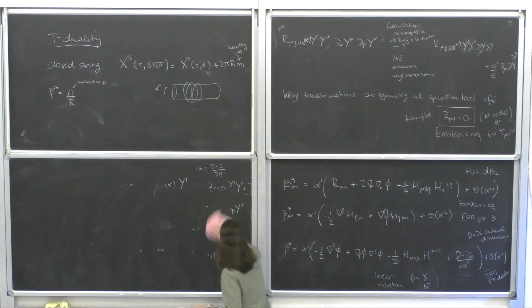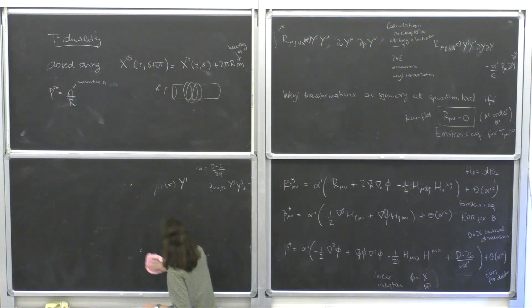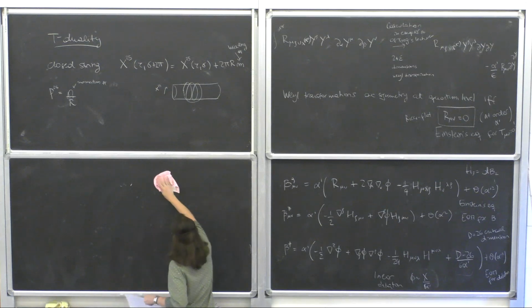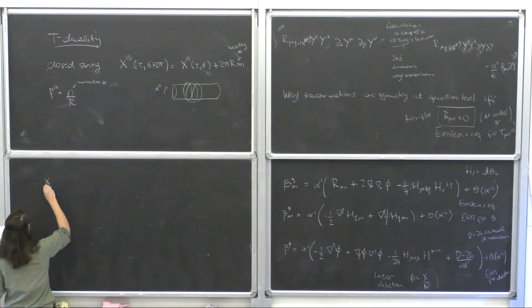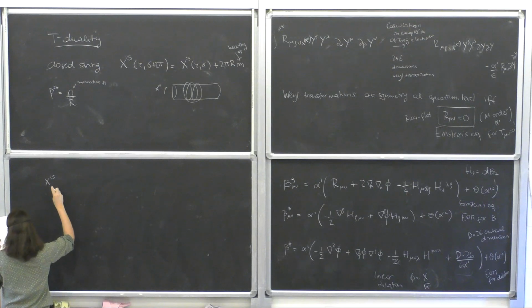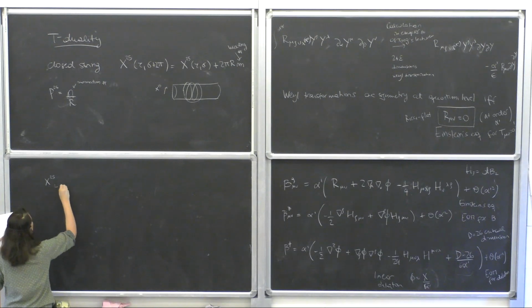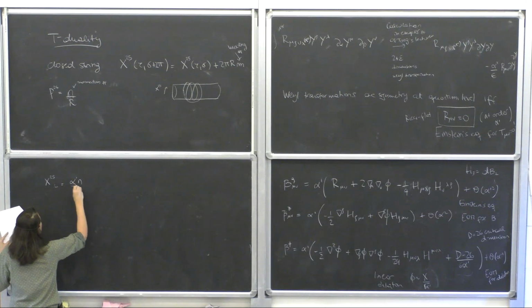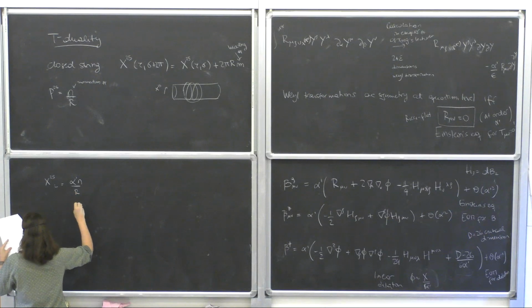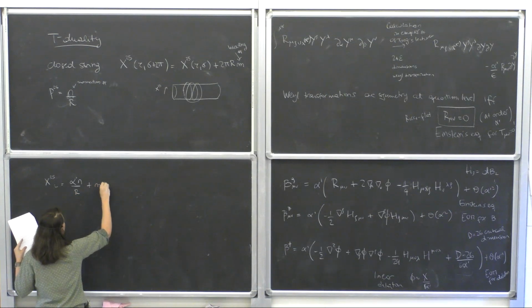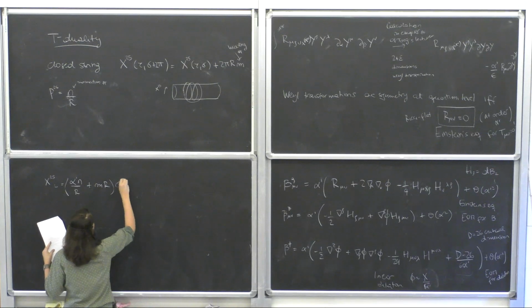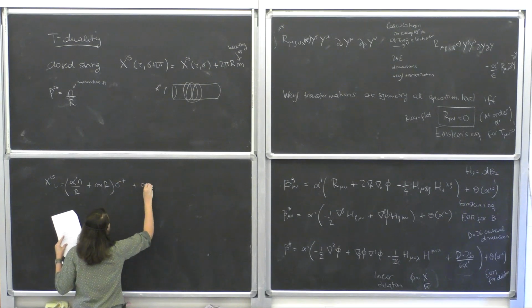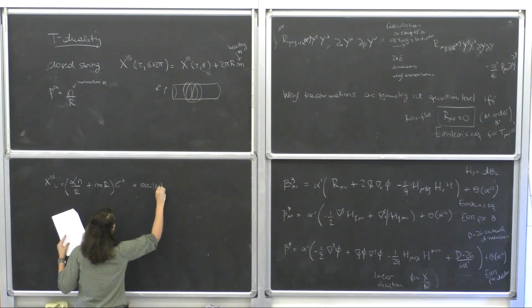So if you find the expansion of the field, that's an exercise. Everything is in the exercise. Then what you should get is that x25 left is alpha prime n over r plus m times r sigma plus the oscillators, which are the same.